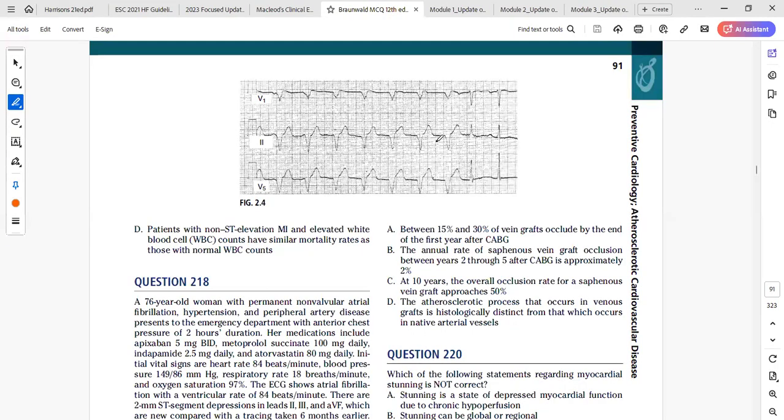So a fusion beat will have both your P wave and your QRS complex fused together. So it's still going to look bizarre, although different from an escape beat that you have in a ventricular tachycardia.